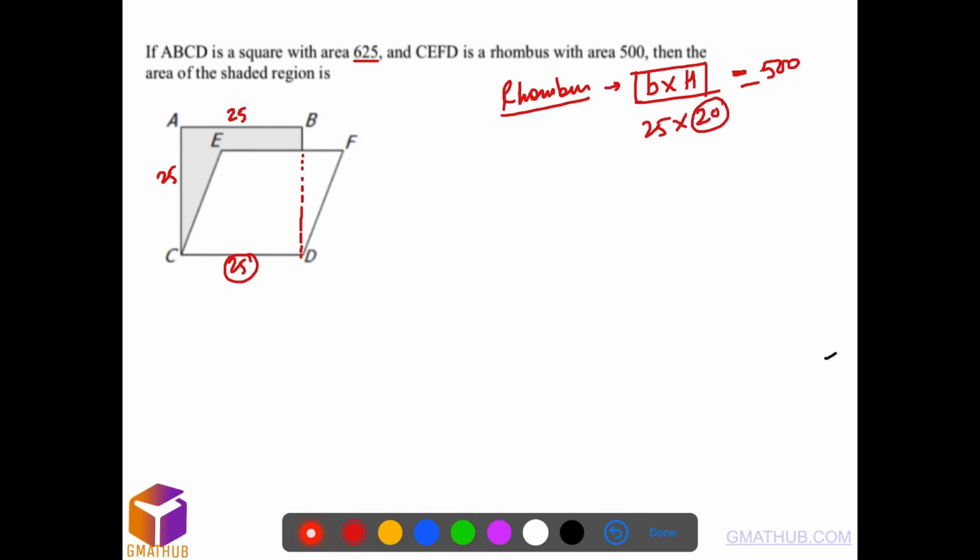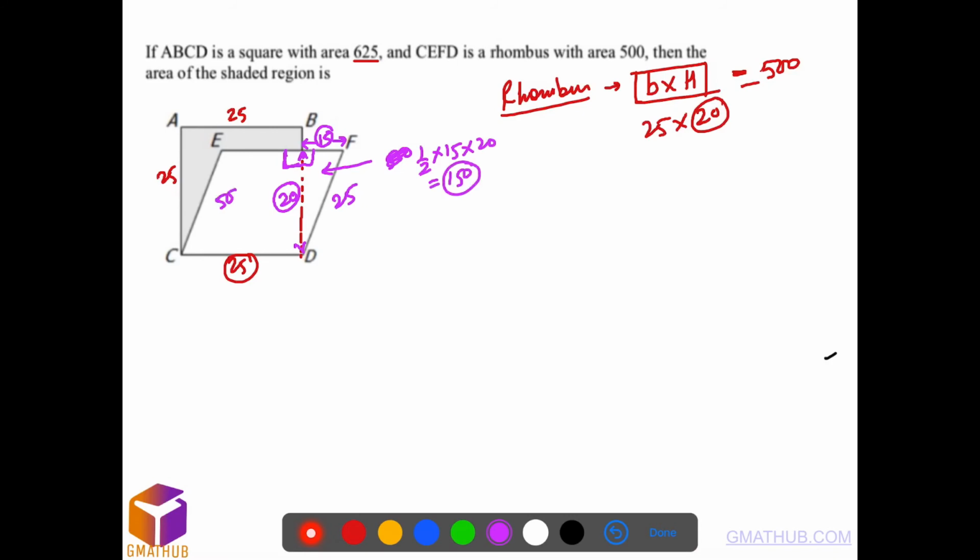Now if you see here, this red line would be the height, 20, and this would be perpendicular. So it becomes a right angle triangle. This becomes 25, 20. So if you use Pythagoras, this part would be 15. So this area will be half base into height, which is 150.